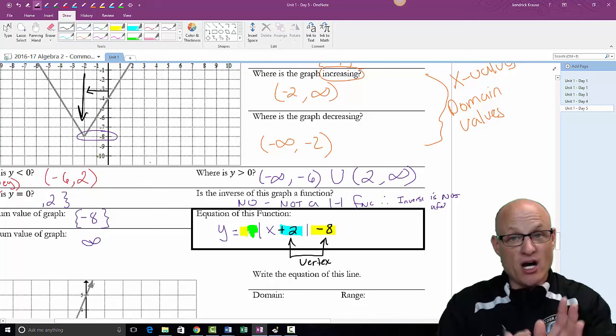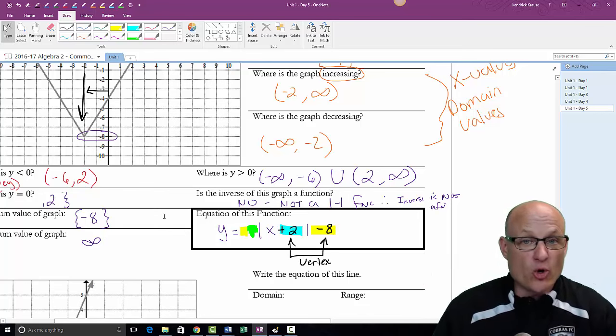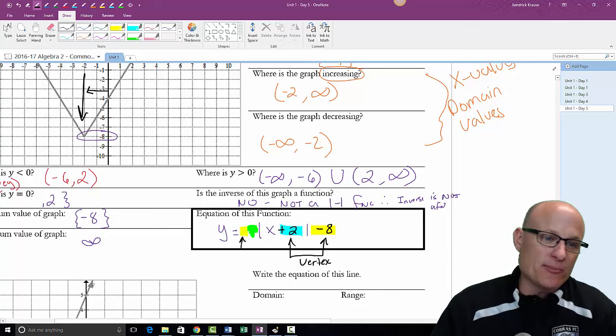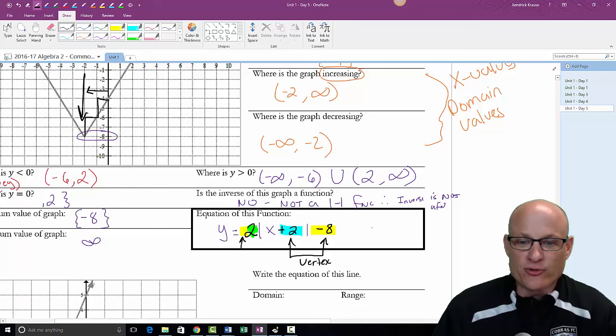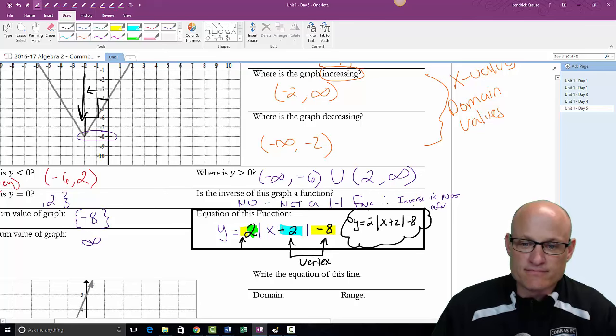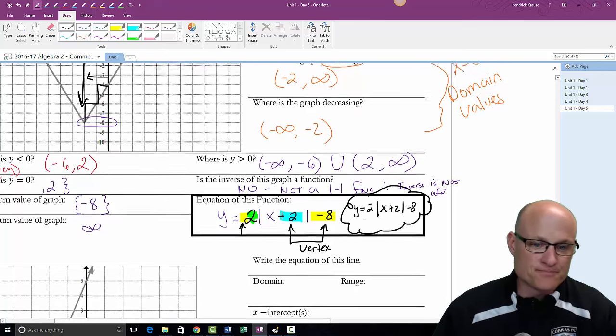It's going up, so there was no reflection, so I don't need a negative, but it is a little bit steeper. It's up 2 over 1, up 2 over 1. So my number out front is 2. So my answer here is y equals 2 absolute value of x plus 2 minus 8. All right, let's keep going.